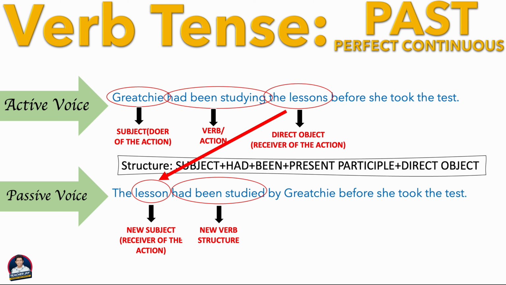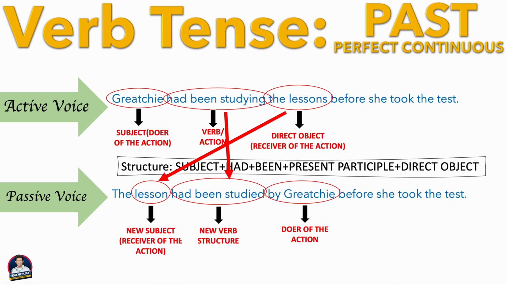And as you can see, it's a new verb structure, from had been studying to had been studied. And the doer of the action here, by Gretchen. Or you can also say, before she took the test, the lesson had been studied by Gretchen. So it doesn't matter if you're going to write your dependent clause at the beginning or at the end of your sentence.